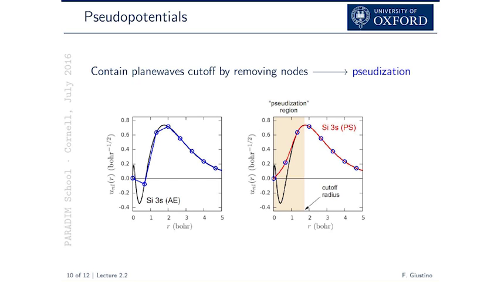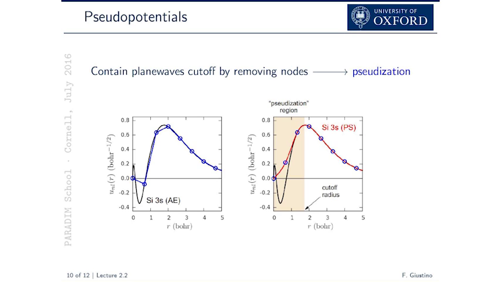Instead of having a wave function which has two nodes, let's cut through. Let's design a new wave function which is identical to my original function until I get to this point, and then, instead of following these fluctuations, which are very expensive, I just cut through. I go smoothly to 0 without any nodes, and here I use some kind of polynomial which is very smooth and which can be described accurately using a very small plane wave cutoff.